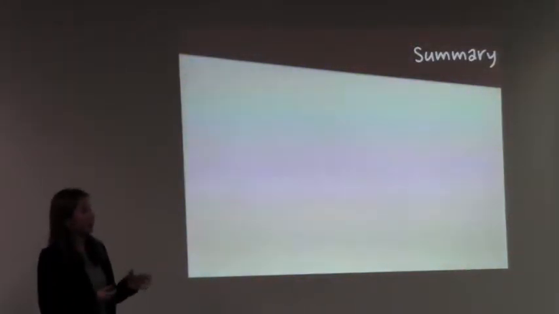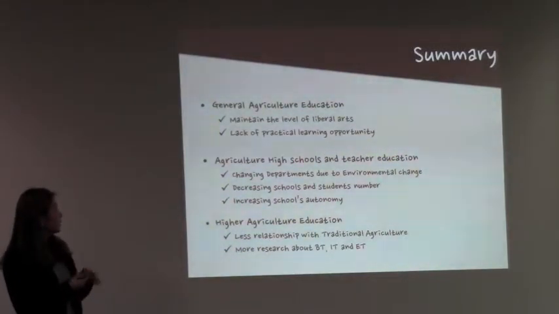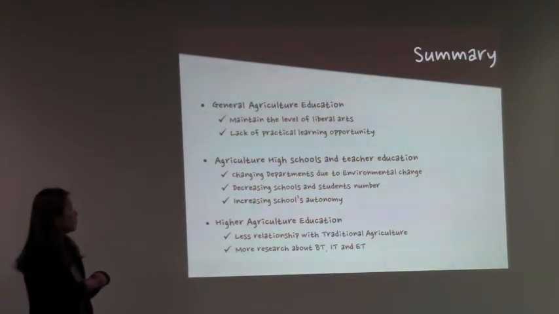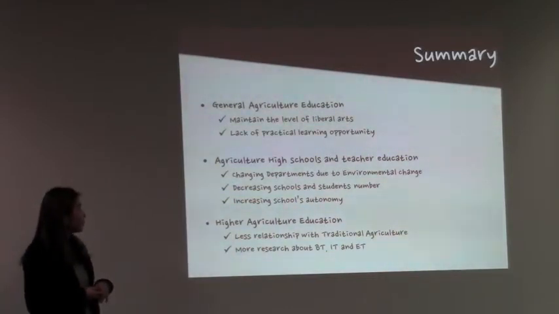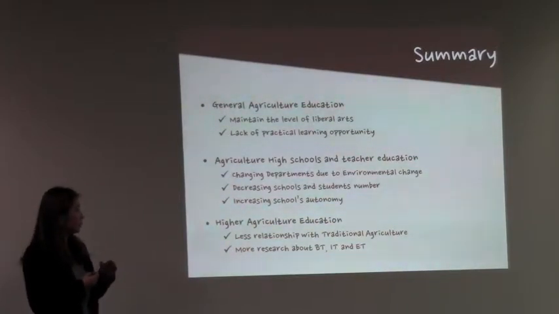And let me sum up my presentation. In general agricultural education, they maintain the level of liberal arts about agriculture, so there is a lack of practical learning opportunities. In agricultural high school and teacher education, departments are changing due to environmental change, decreasing numbers of schools and students, and increasing school autonomy.